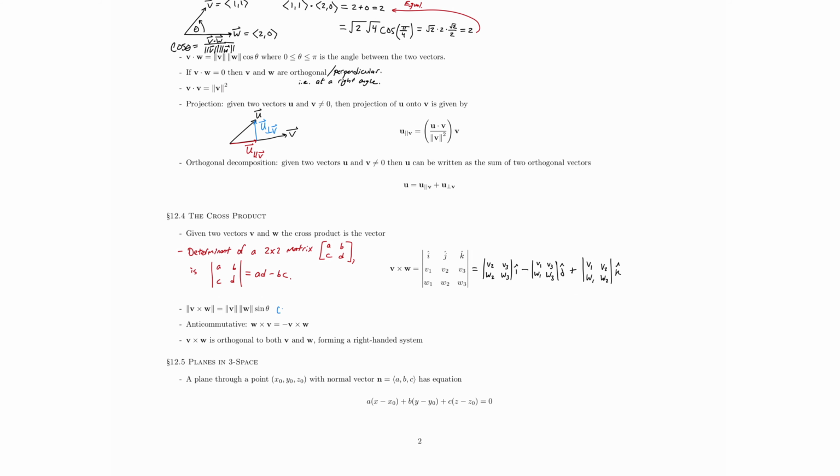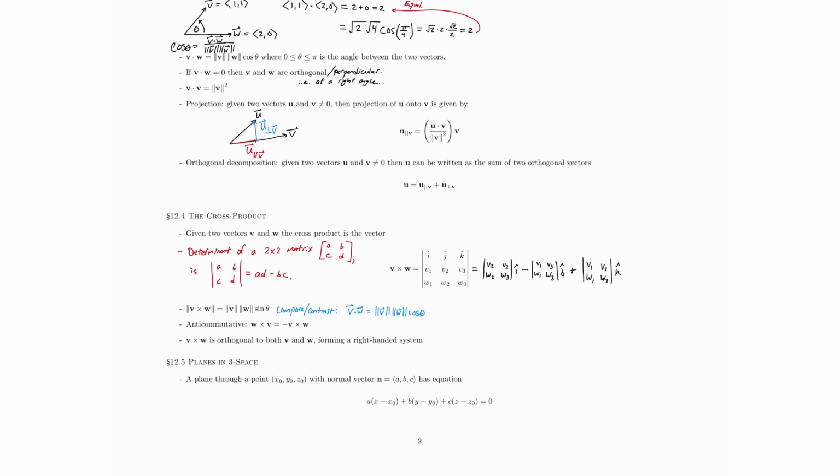Compare and contrast with what we had for the dot product. V dot w is equal to the length of v times the length of w times the cosine of the angle between the two vectors.